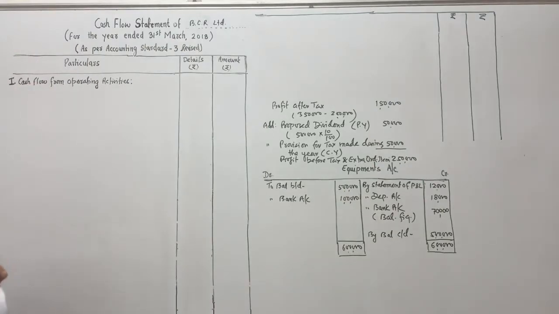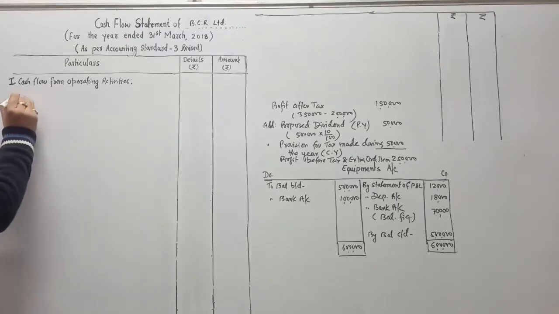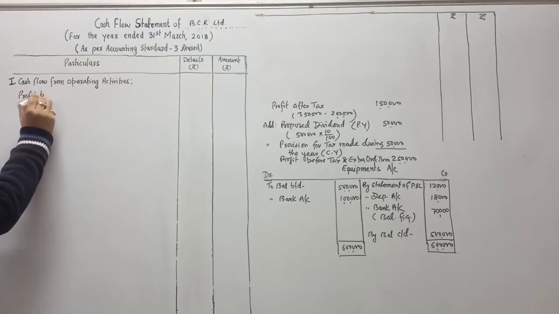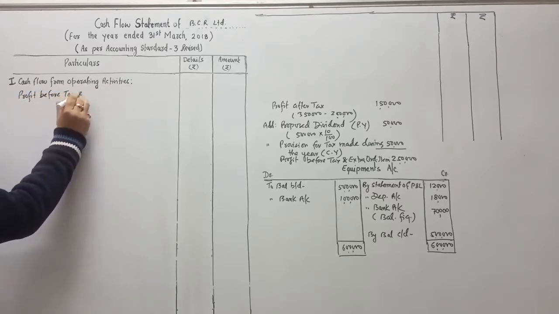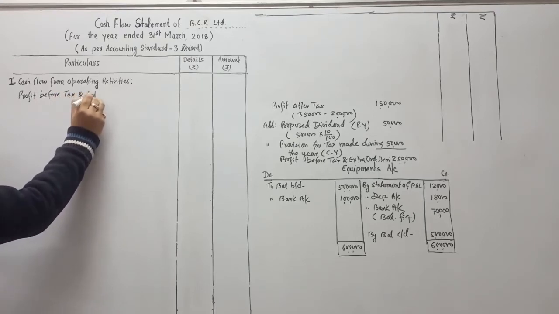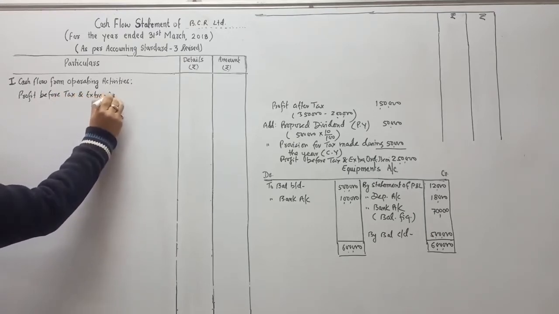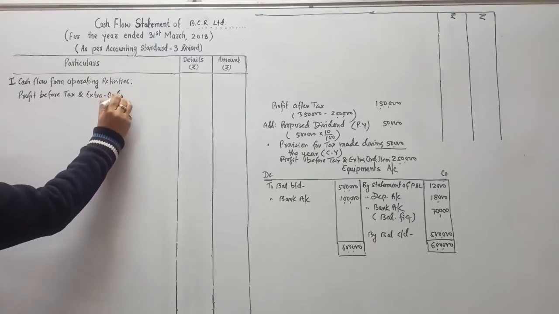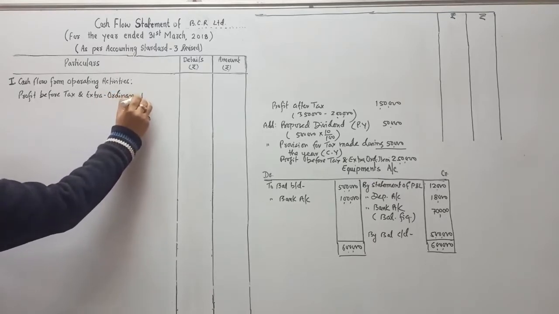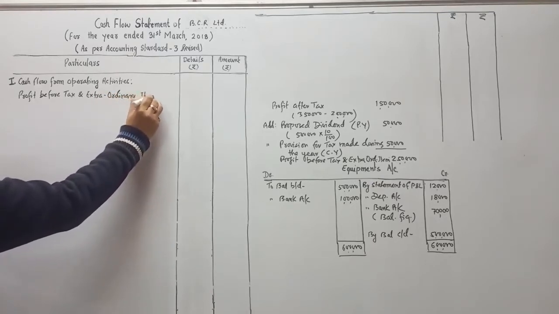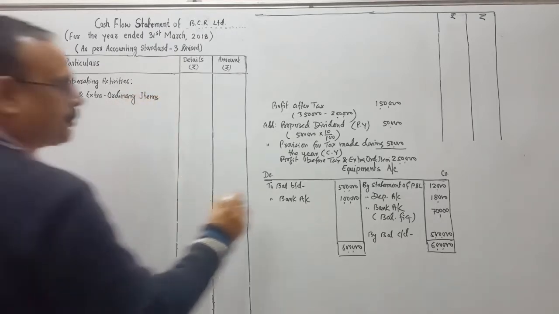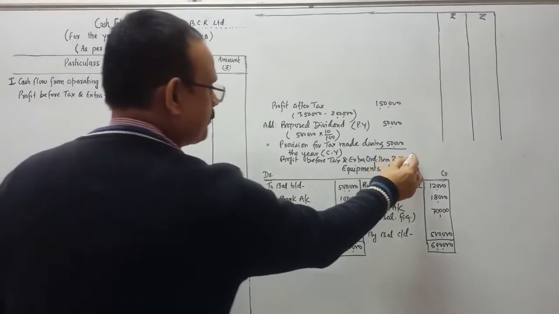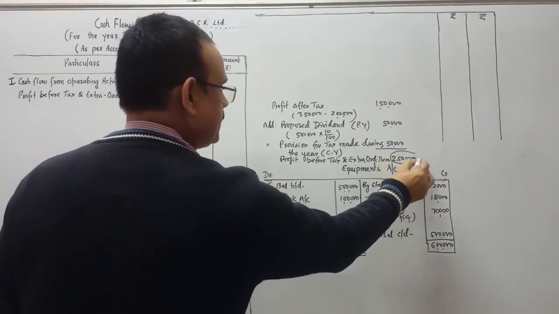Okay, so we'll take this figure, profit before tax and extraordinary items. The profit before taking it is how much? 2,50,000. This figure we will take.